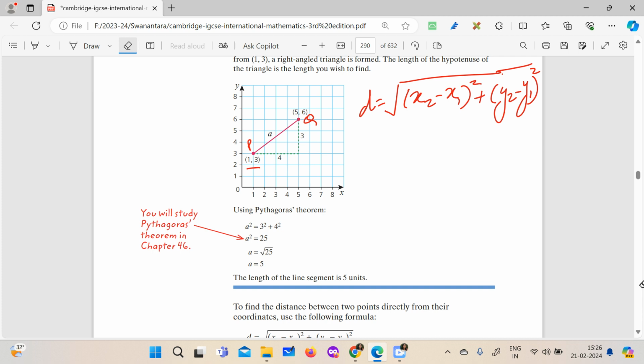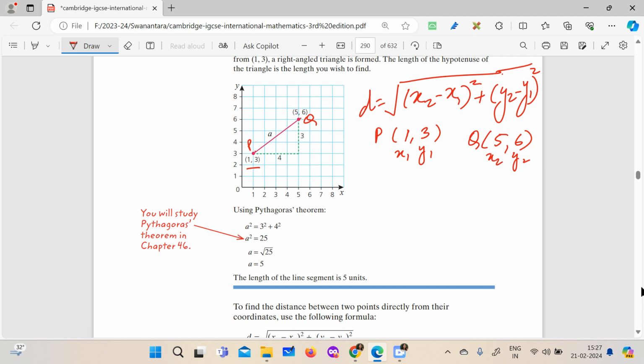Let me say P is 1, 3 and Q is 5, 6. These are the coordinates. So this is x1, this is y1, this is x2, this is y2. So I can calculate the distance between 2 points, or the length of this line segment.